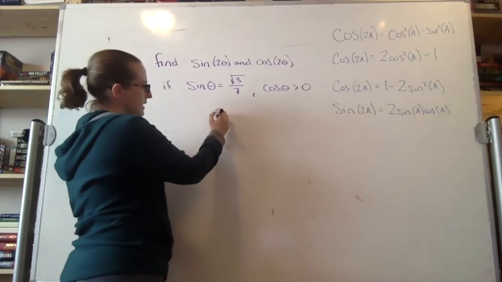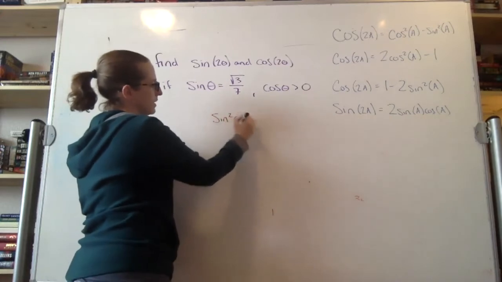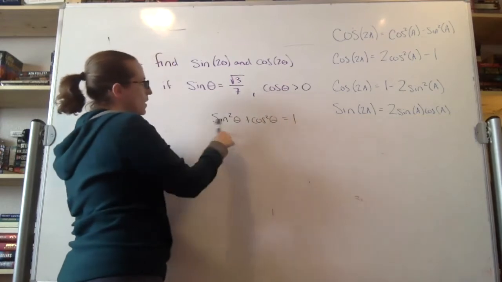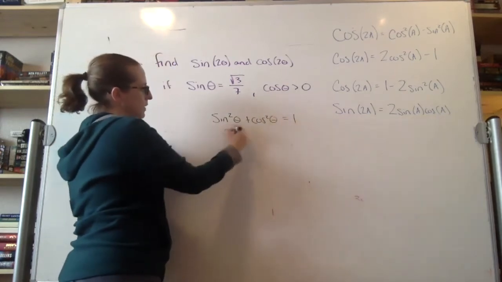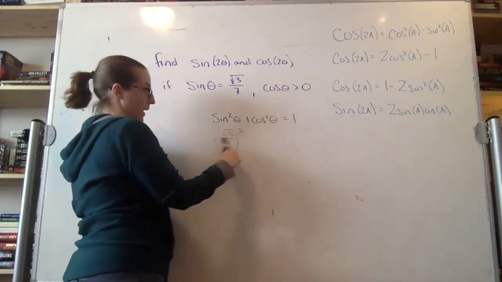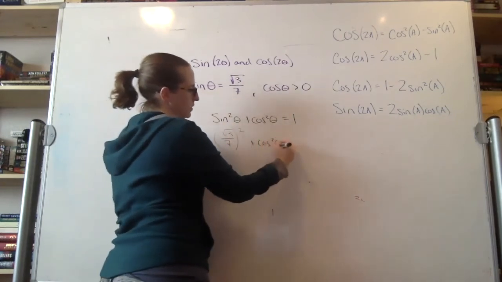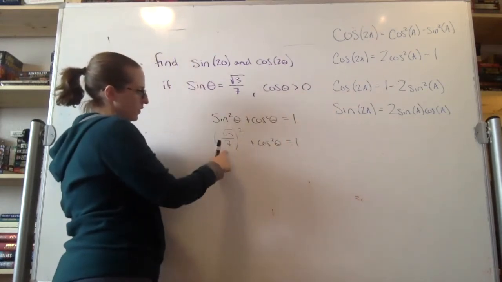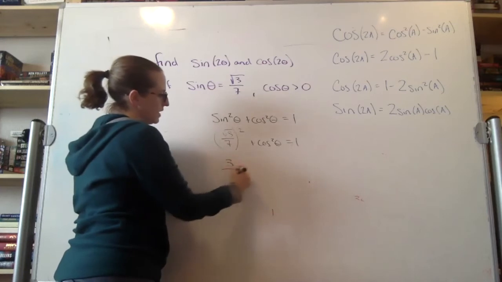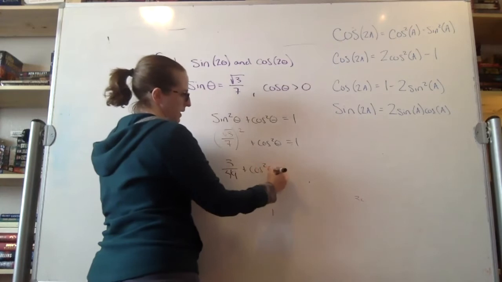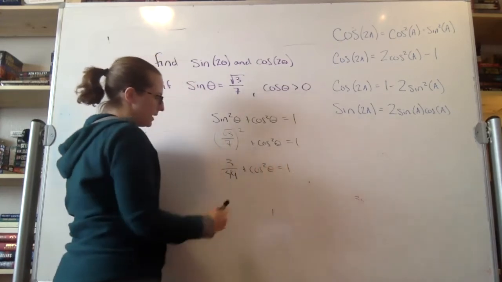Or the Pythagorean identity, sine squared theta plus cosine squared theta equals 1. We know sine is the square root of 3 over 7. So that means that squared plus cosine squared equals 1. Squaring this, the square root of 3 over 7 squared is 3 over 49 plus cosine squared theta equals 1.